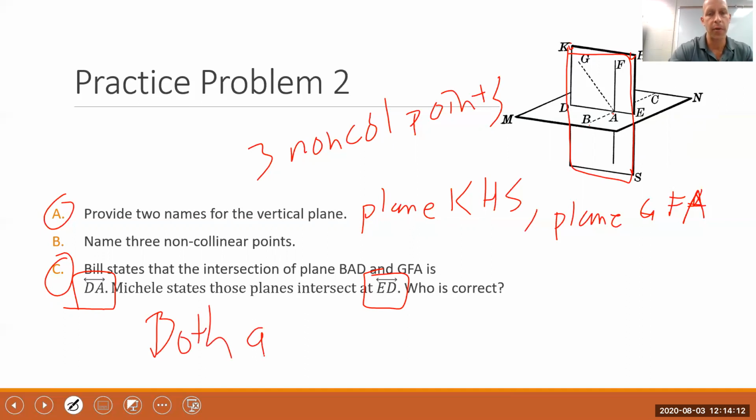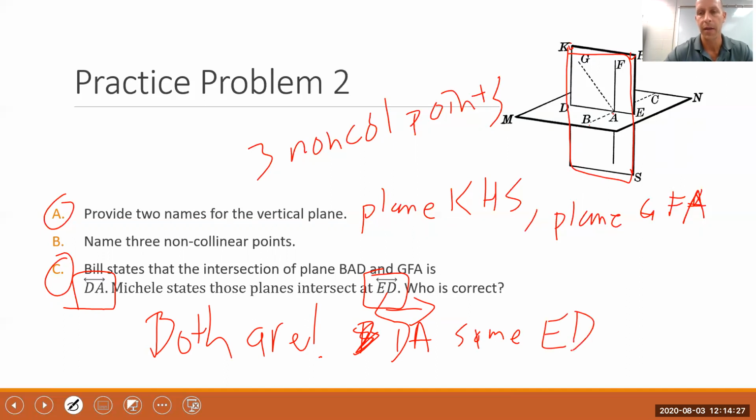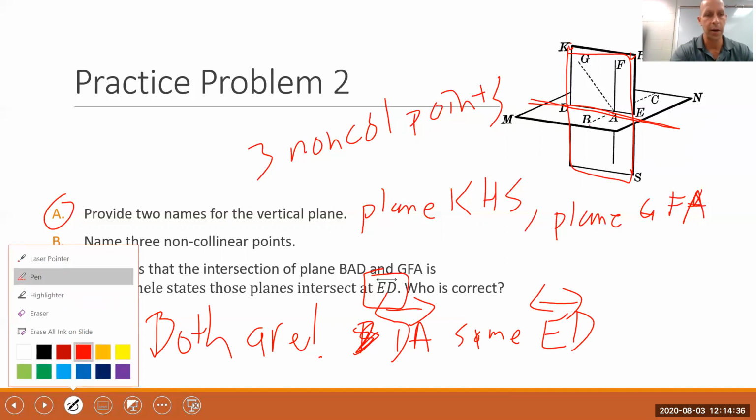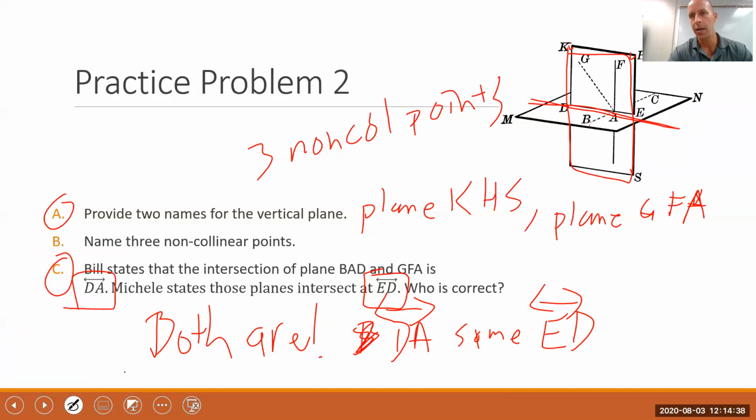The reason is that line DA is the same line as ED. If you look carefully, you'll see that DA, which would be this line, and ED, well, that's this line. It's the same line.